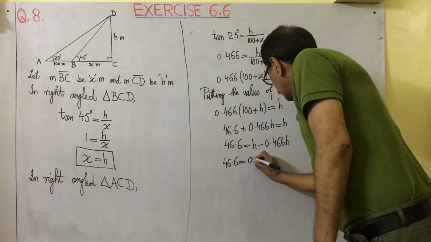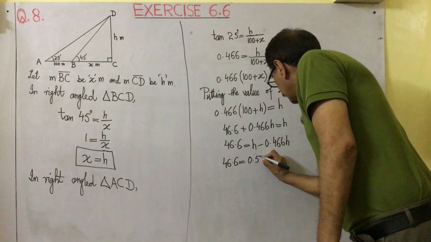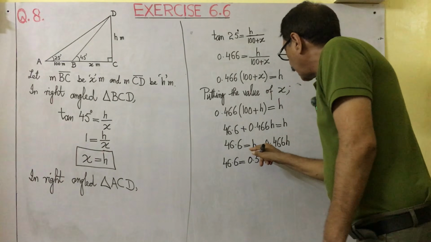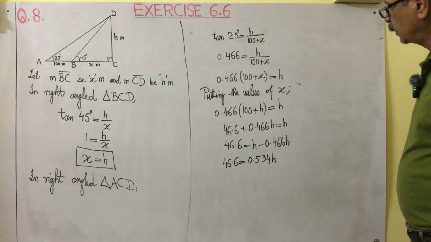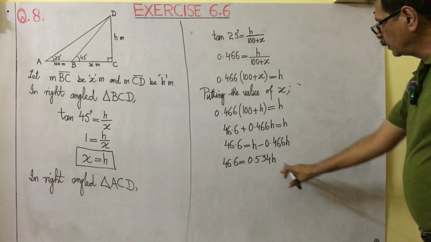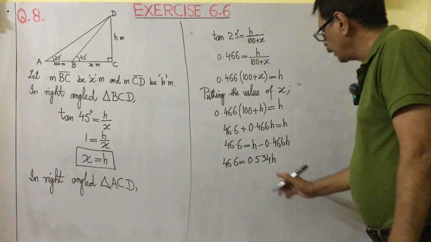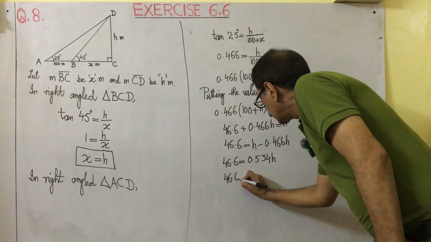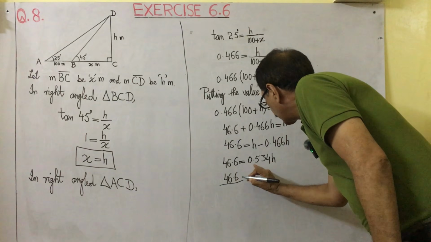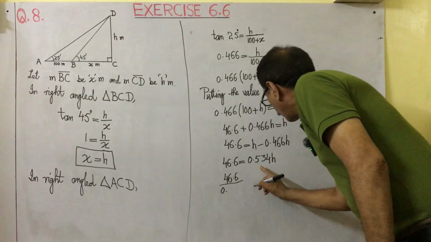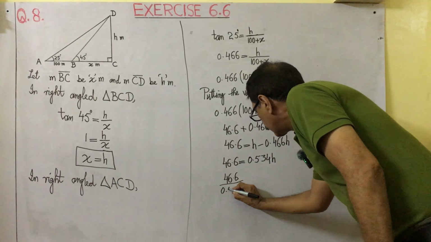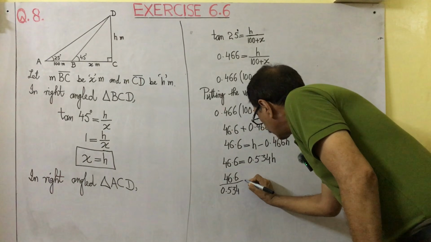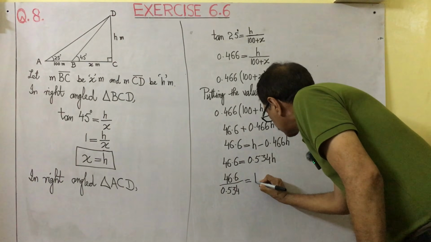This gives 0.534h. These are like terms, terms involving h. So subtracting, 46.6 divided by 0.534 is equal to h.